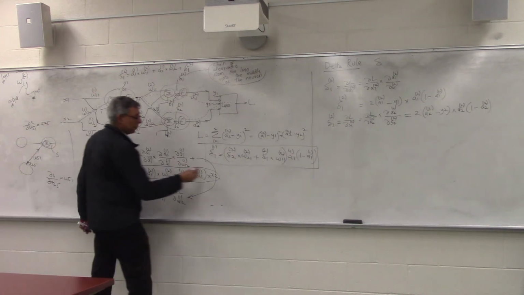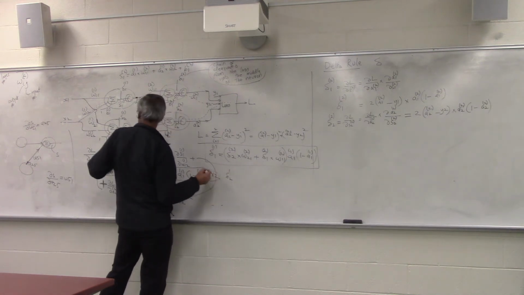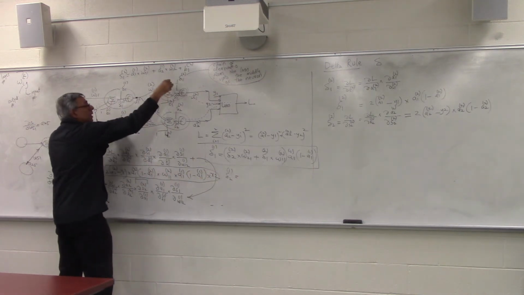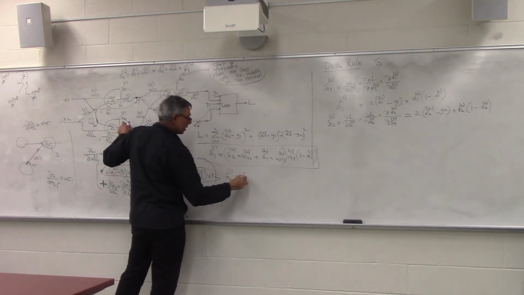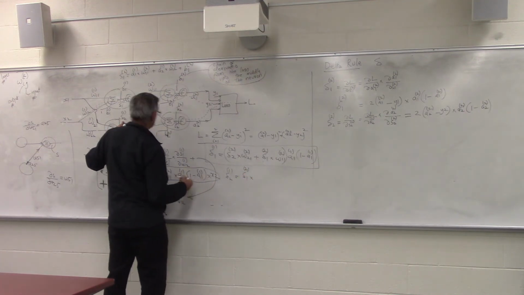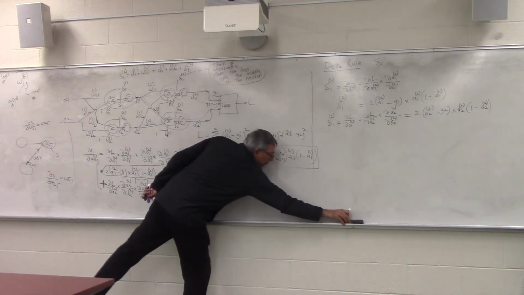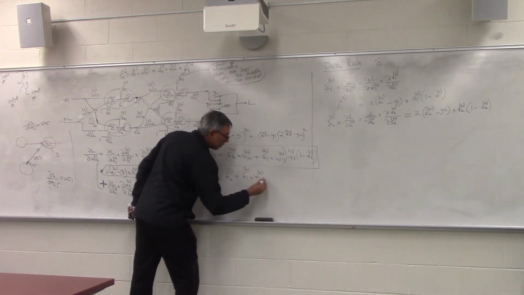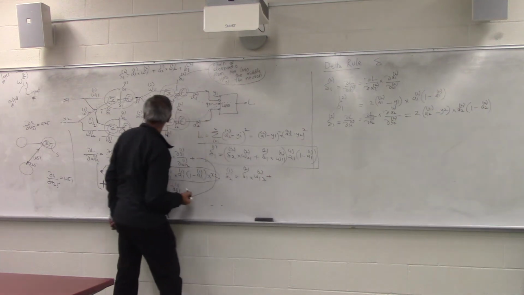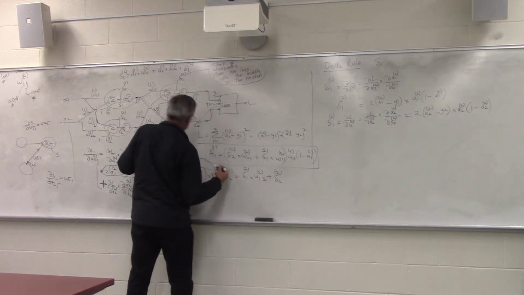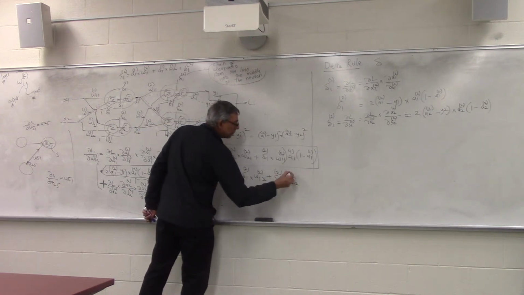Can we also now compute delta 2 of 1? Yes. Okay, see, first give me the expression in terms of these deltas. This is delta 1 of 2 weighted by W1 of 2, then plus delta 2 of 2 weighted by W2 of 2, correct?